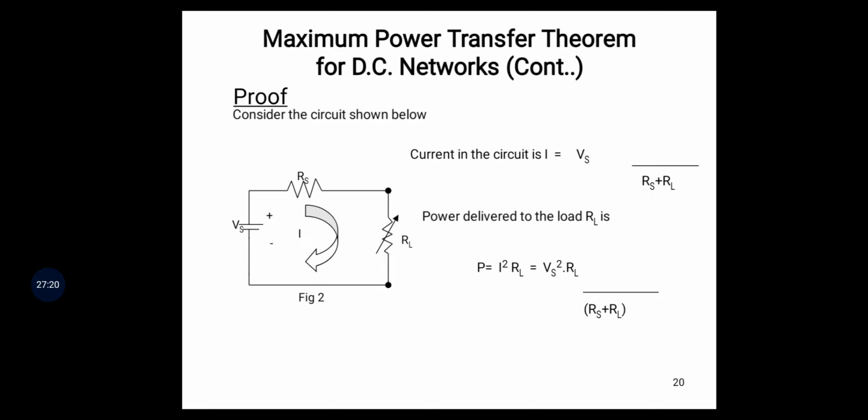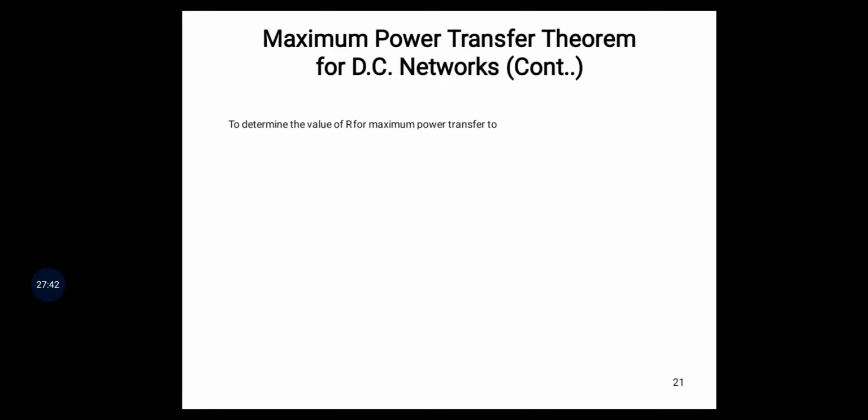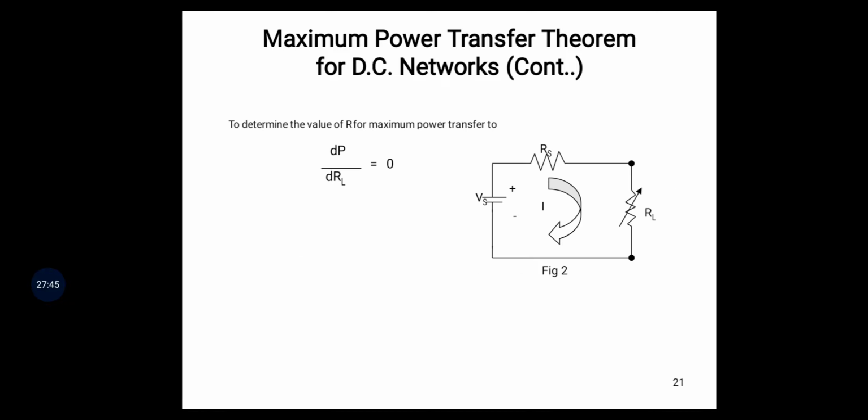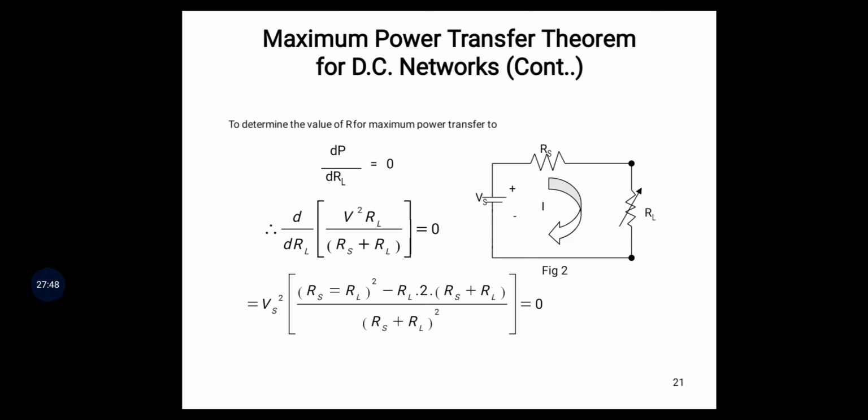From the above equation, I square equals Vs square by (Rs plus RL) whole square, so P equals Vs square RL by (Rs plus RL) whole square.